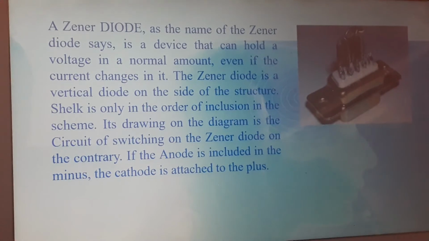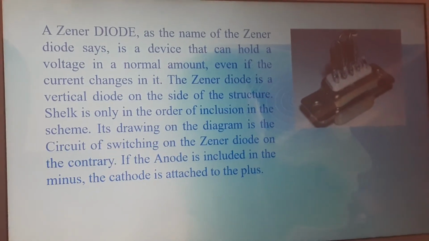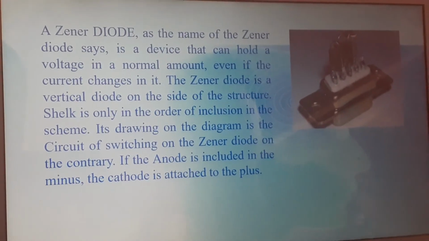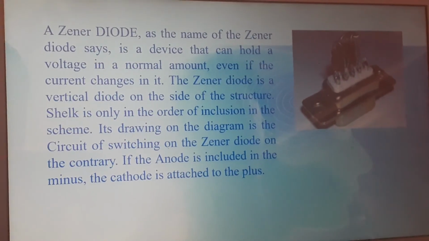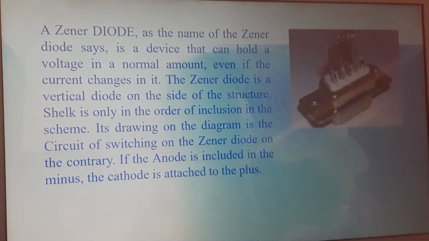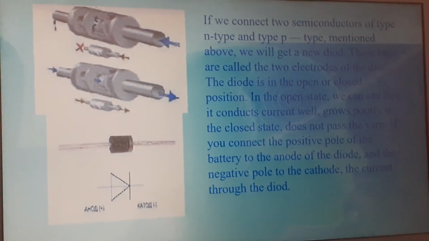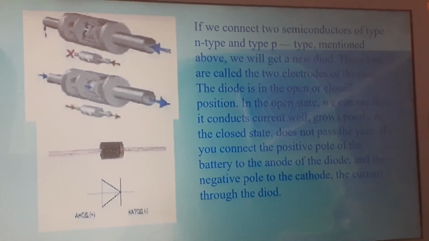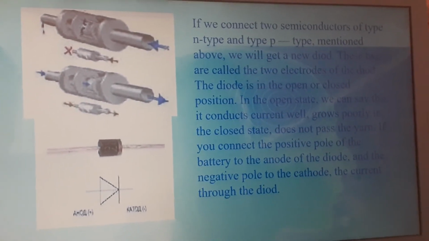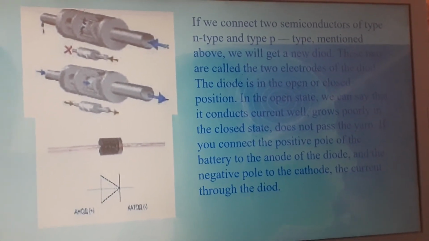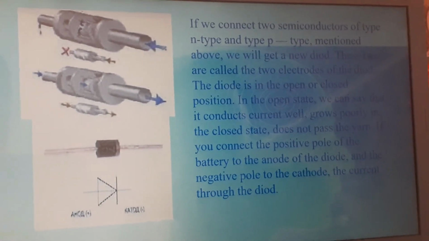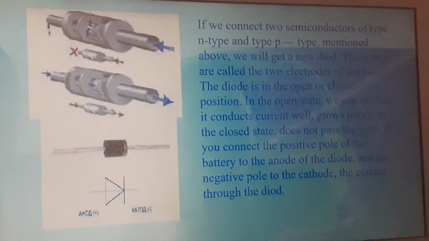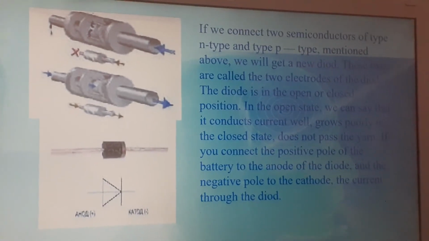On the contrary, if the anode is connected to the minus, the cathode is attached to the plus. If you connect two semiconductors of type N and type P mentioned above, we will get a diode. These two are called the two electrodes of the diode.